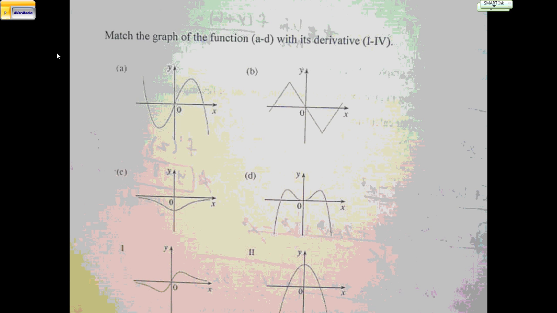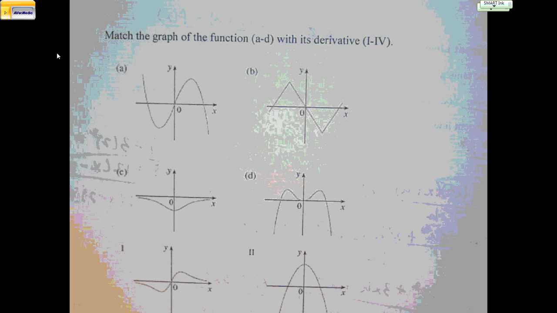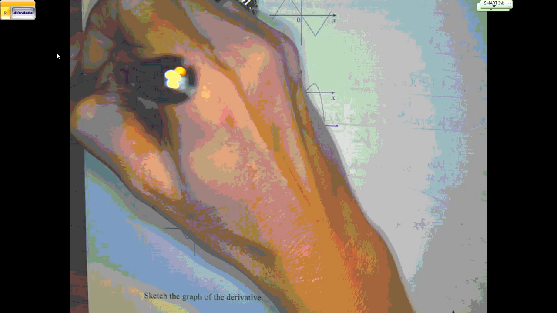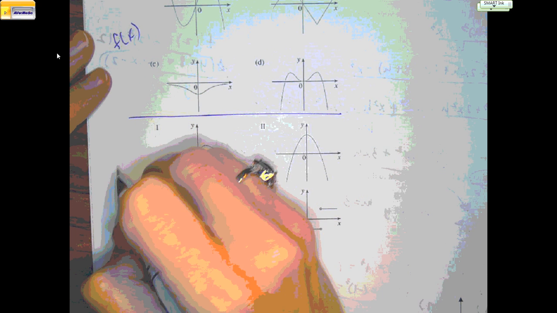All right, Yaron, what do the directions say? That's the graph of the function a dash b with its derivative 1 through 4. Good. So we've got 8 graphs here, 4 of which are f of x, and the last 4 are the derivative graphs.